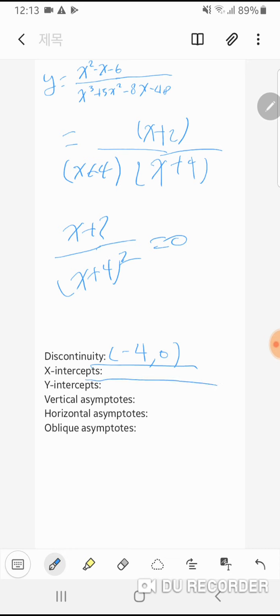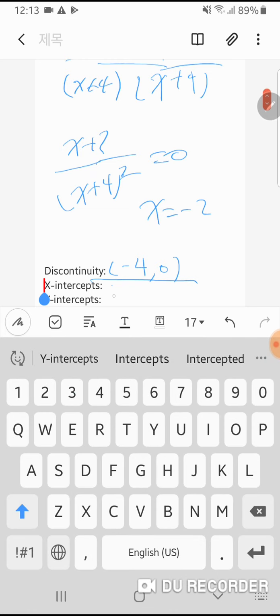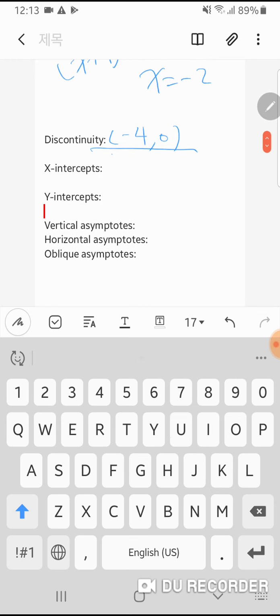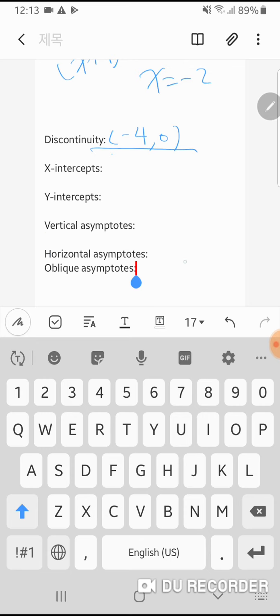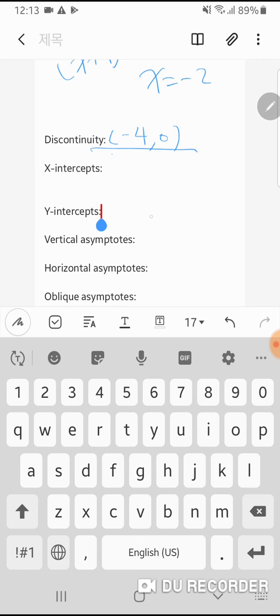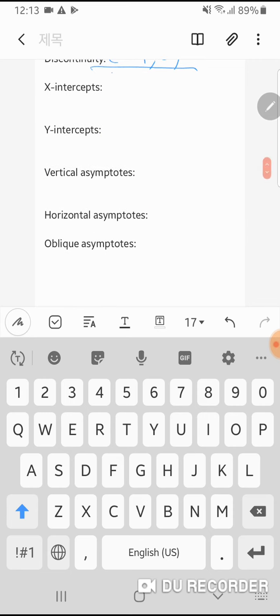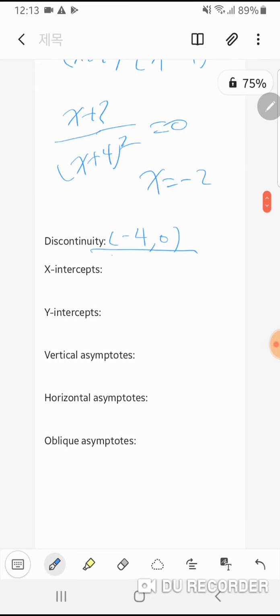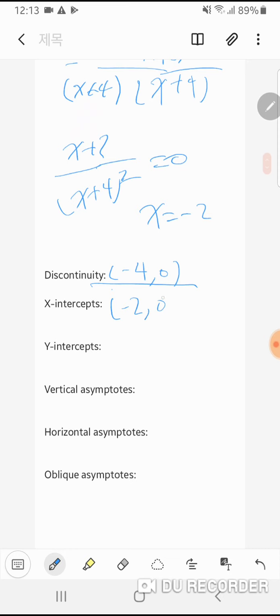So x-intercept would be x equals -2. I'm just trying to give a little more space because there's really almost no space to write everything down. Okay, so the x-intercept would be -2, 0.